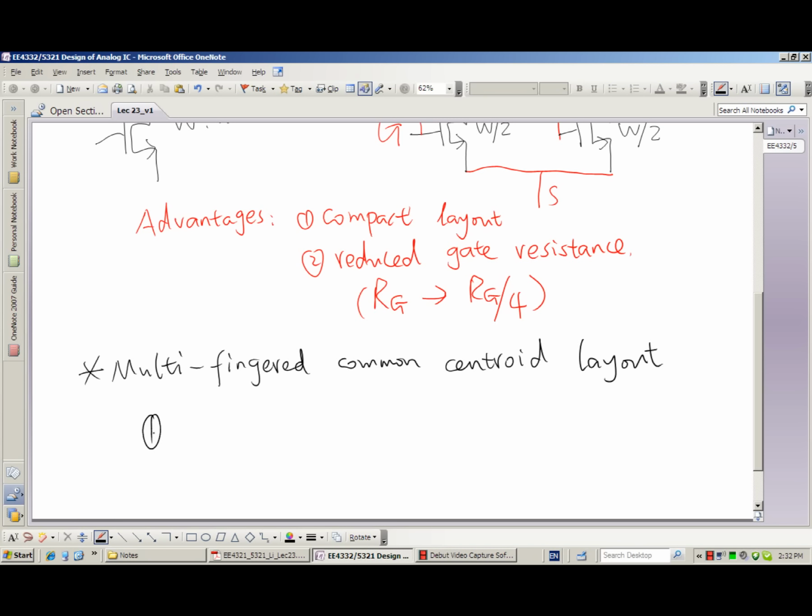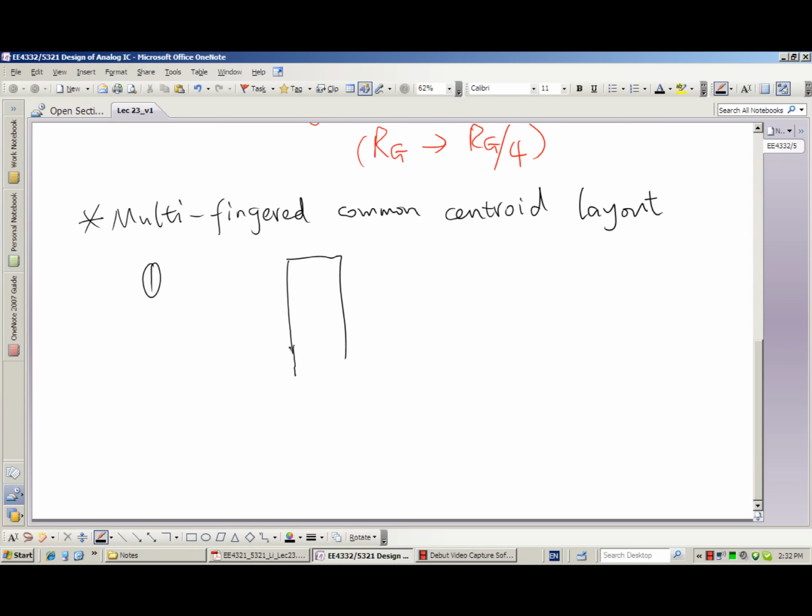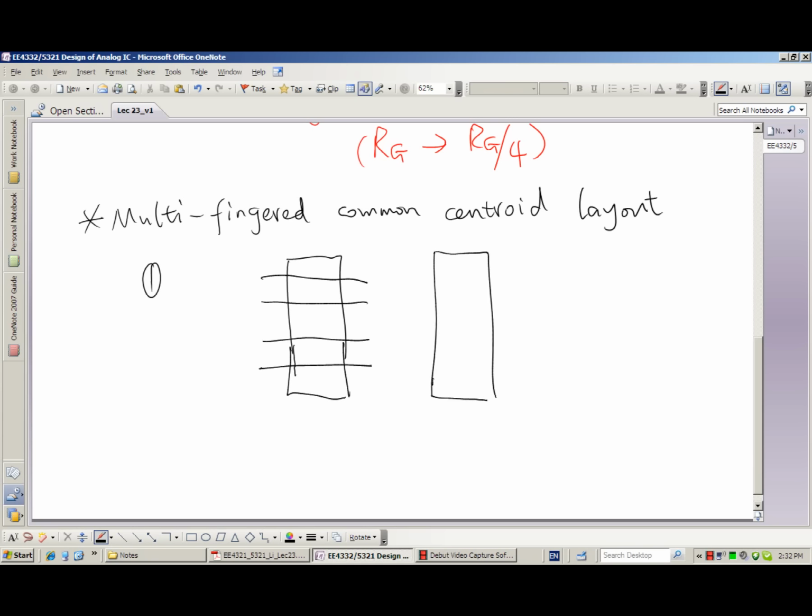First layout we have on the handout: we have 2 active regions. Each side we have 4 transistors.